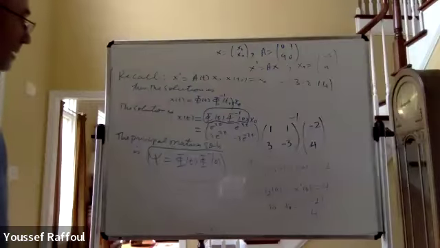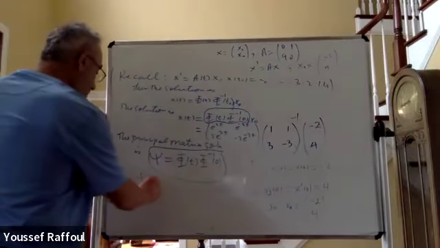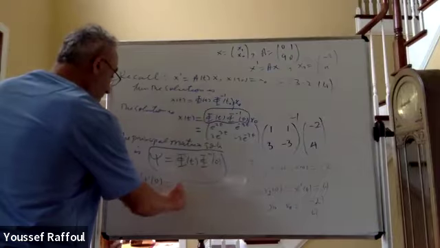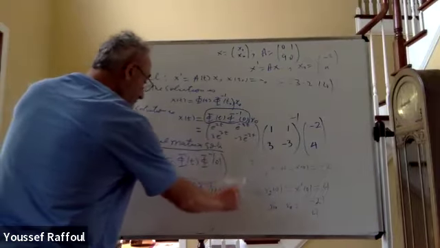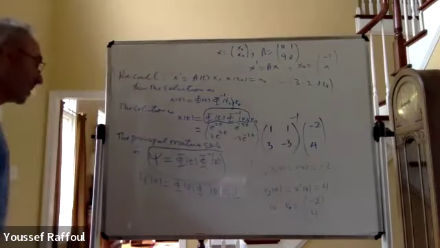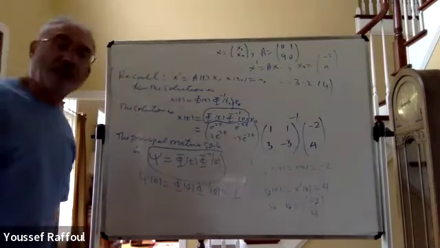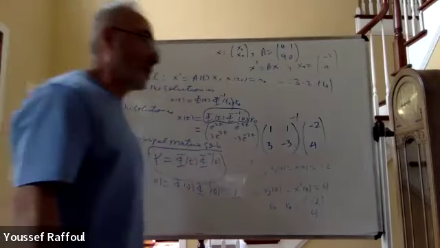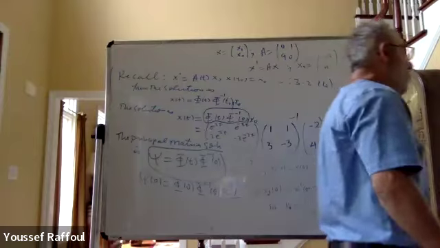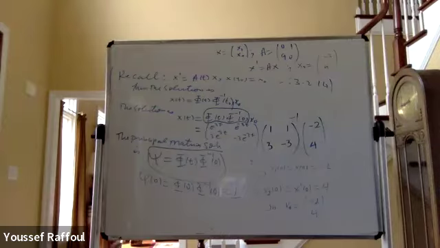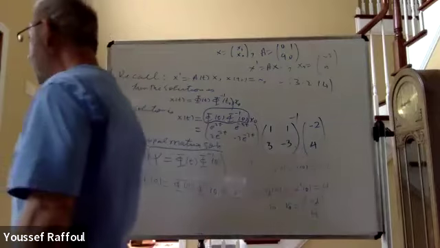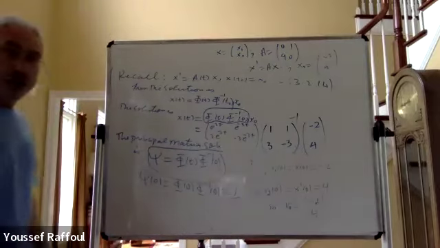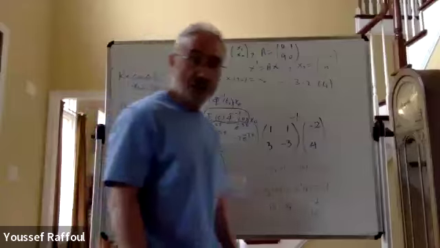And you can see for the principal matrix, psi of 0 equals phi of 0 times phi inverse of 0, which is I. This is one of the requirements of the principal matrix. It already solves the system, but when evaluated at the initial time, its value is the identity matrix. Okay? Any questions?